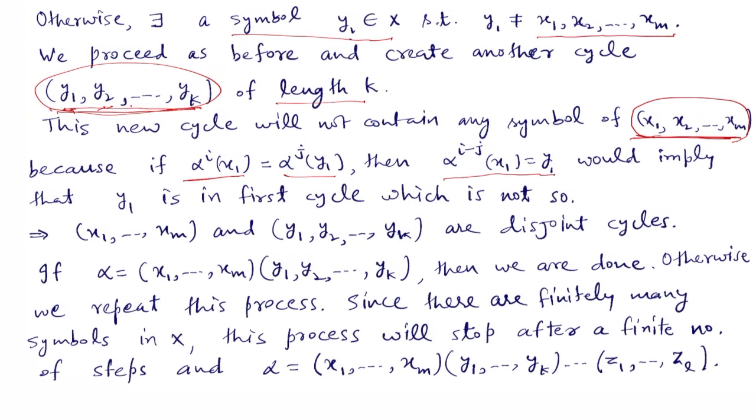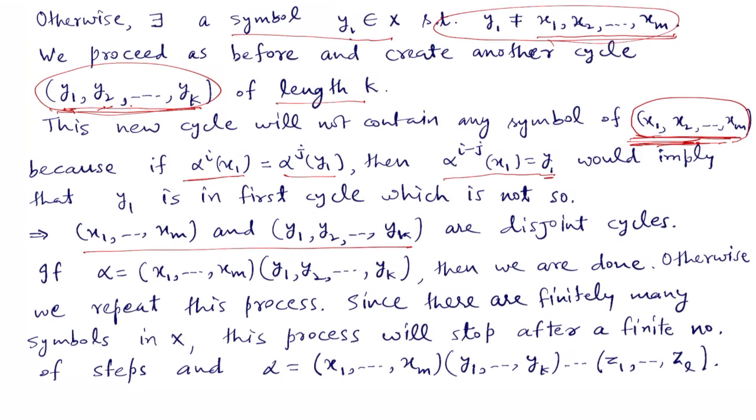So that means y1 is appearing in this cycle, because in this cycle all elements appear when we apply some power of alpha to x1. But this is a contradiction because we have chosen y1 in such a way that y1 is not equal to any of these symbols. So these two cycles are disjoint.